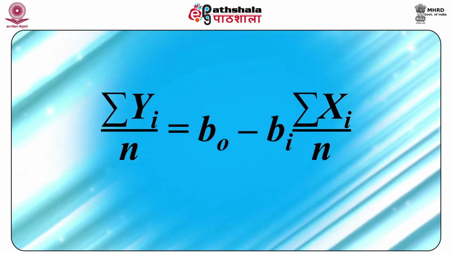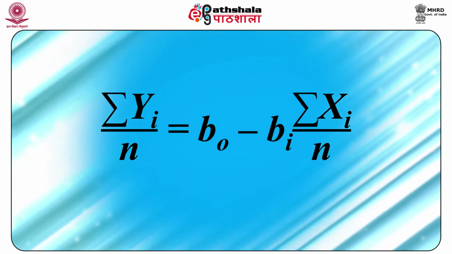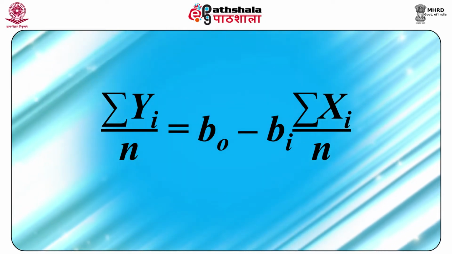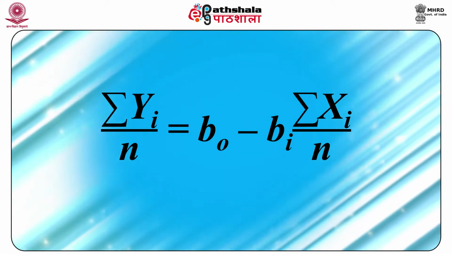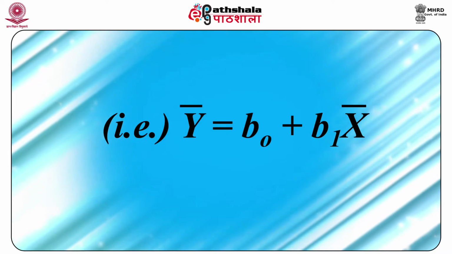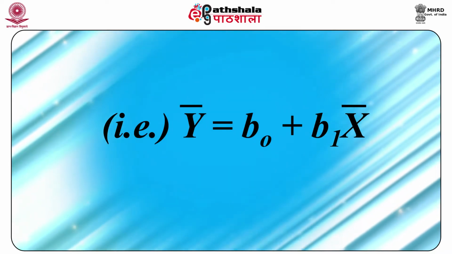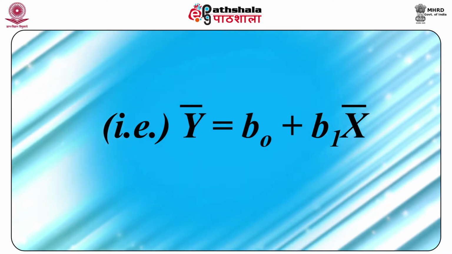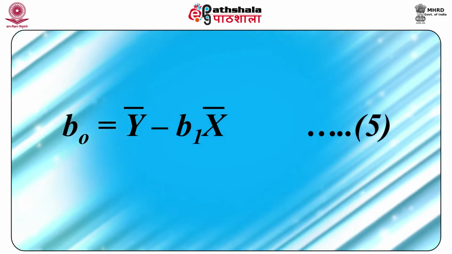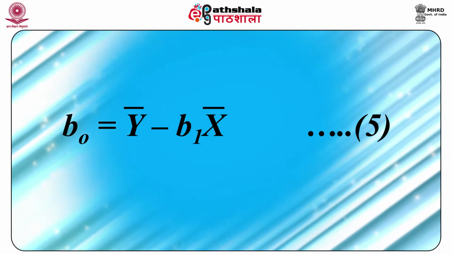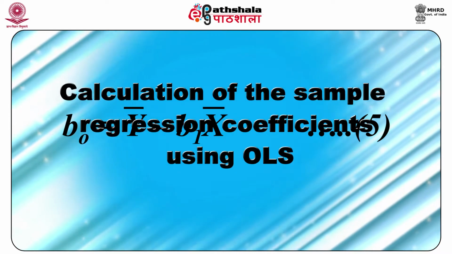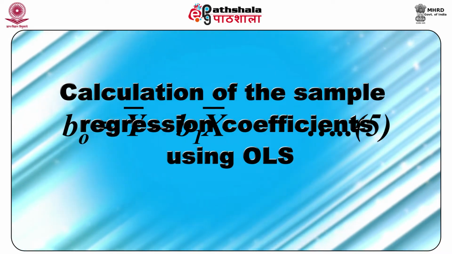To get b0, we divide equation 1 by n, and we get sigma yi by n equal to b0 plus b1 into sigma capital Xi upon n, which gives us y bar equal to b0 plus b1 x bar, or b0 is equal to y bar minus b1 into x bar. This is our equation 5.